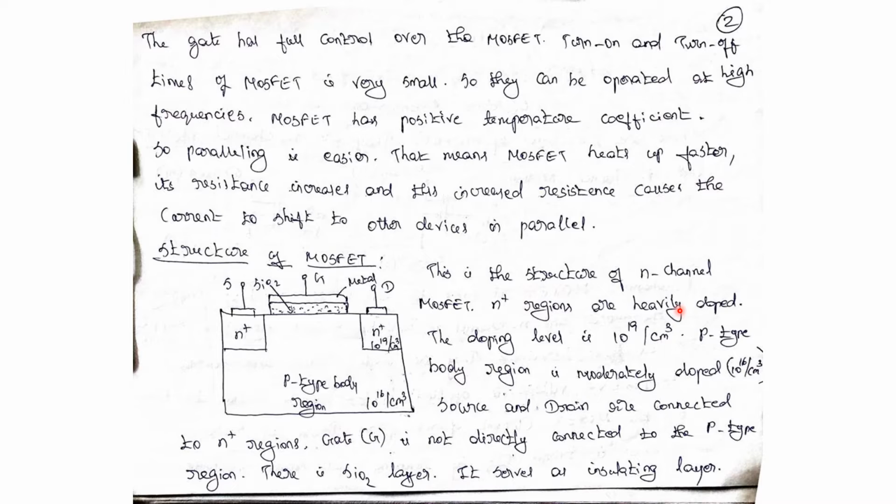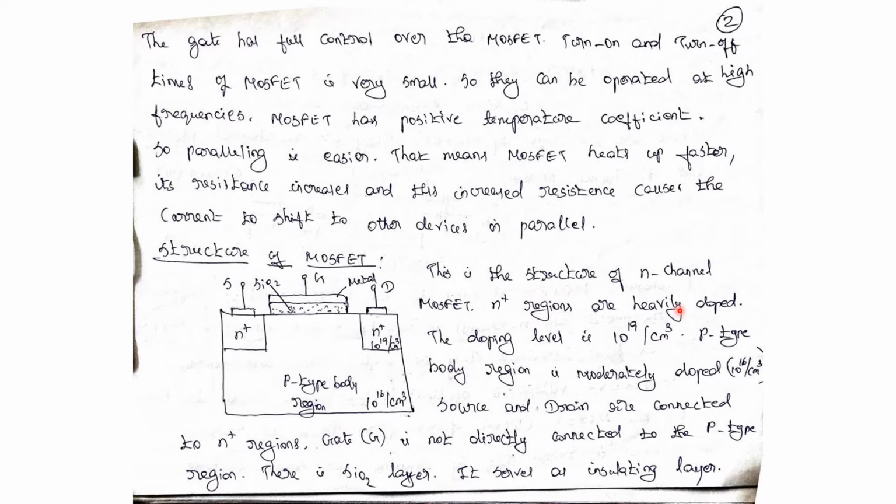Positive temperature coefficient means that if the current rises, the resistance also will rise. Because of that, the junction temperature also will rise.